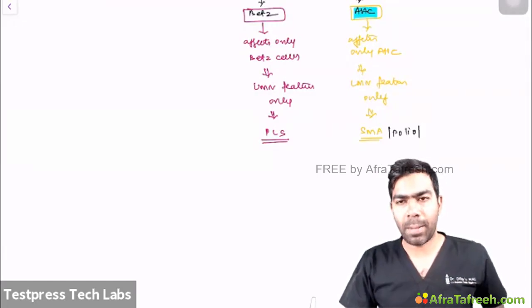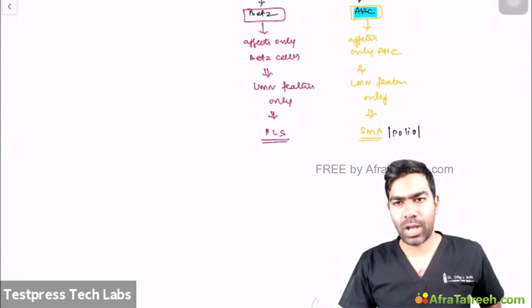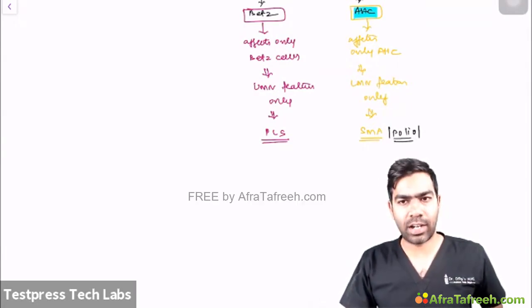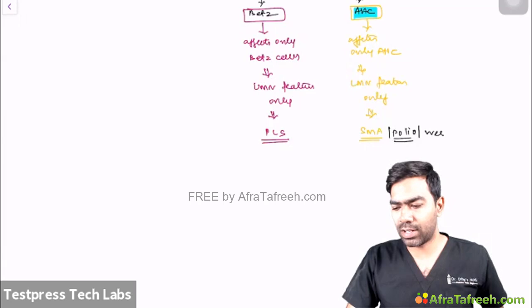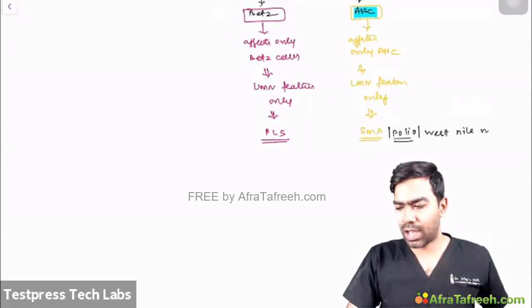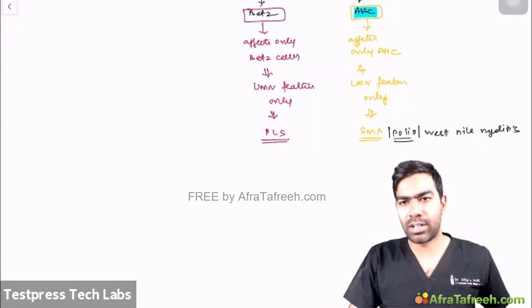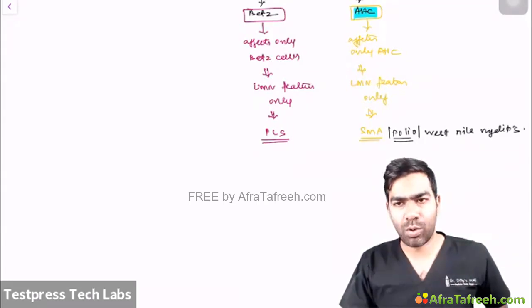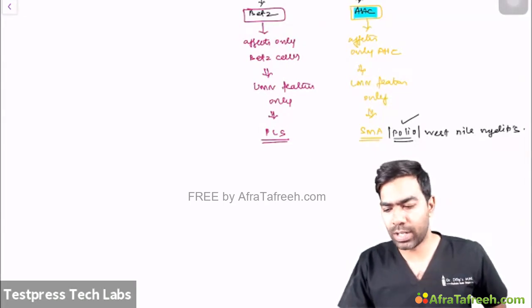And apart from that, I mean, polio is very rare nowadays, isn't it? Acute flaccid paralysis. You have something called West Nile myelitis, West Nile virus. I'm just telling examples. So West Nile, polio, all these things are classic examples of anterior horn cell involvement only.